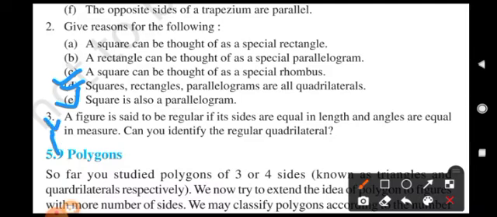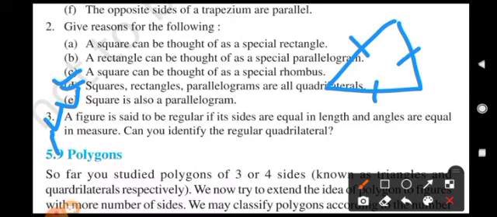Now come to question number 3. A figure is said to be regular if its sides are equal in length and angles are equal in measure. Suppose this is one figure and it is said to be regular. Why? Because its sides are equal in length and its angles are also equal in measure.